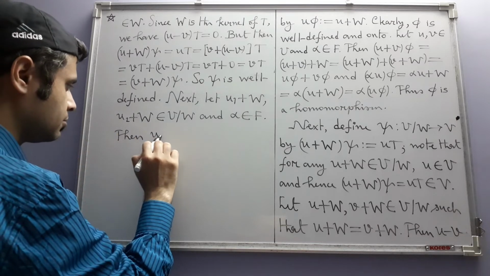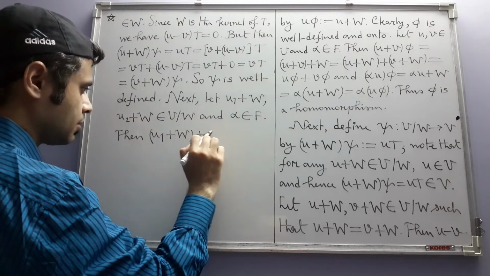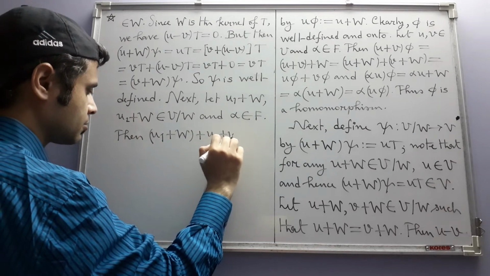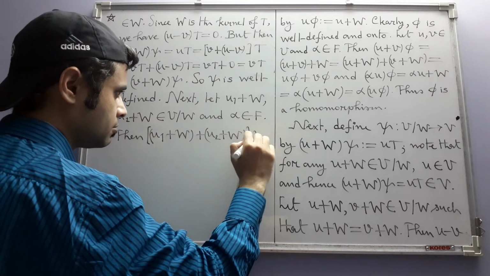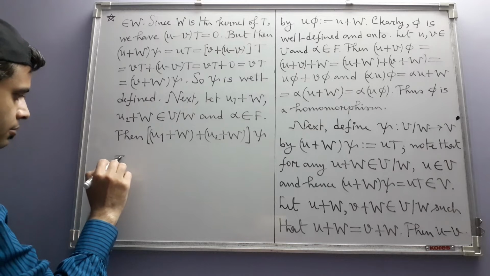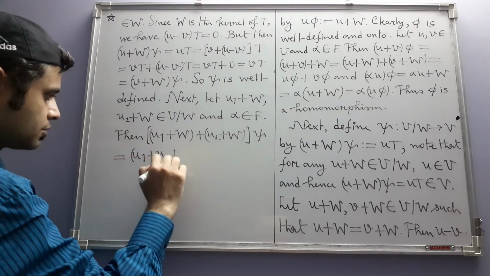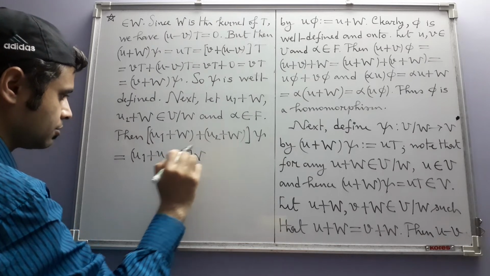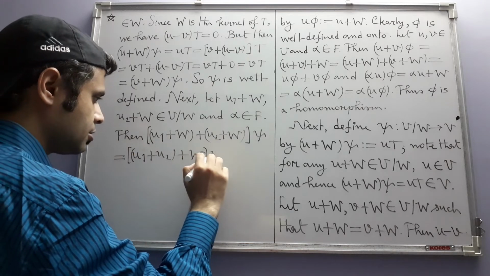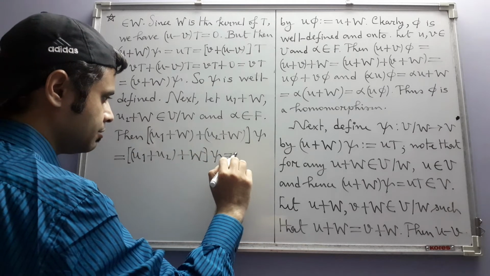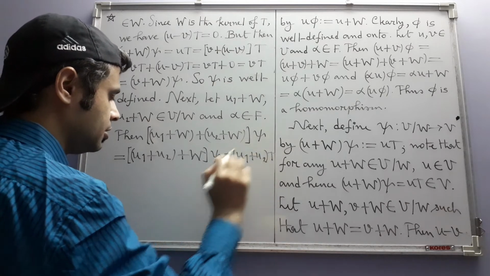Then (u1 plus W plus u2 plus W)psi is equal to this. First we calculate the sum of the cosets in the quotient group U by W, and then on this we apply psi, which by definition is (u1 plus u2)T.